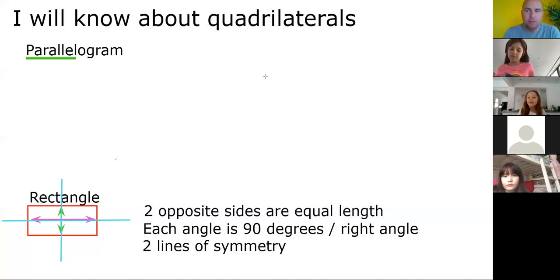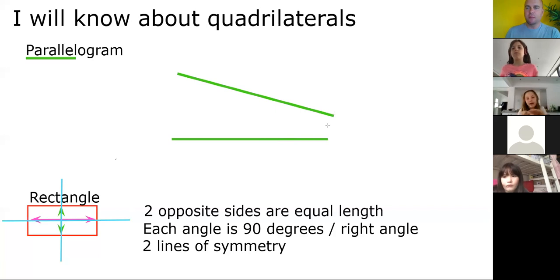Parallel means that the lines are never going to cross. Yeah, if I had this like that, eventually, if I carried that on going down here, this line here would eventually cross it. You see, they touch each other.